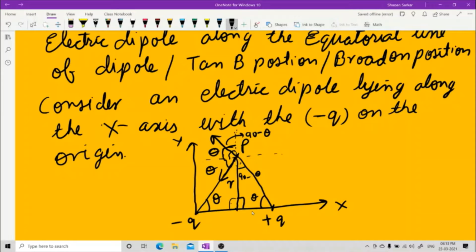This is the electric field due to plus q charge. This is the electric field due to negative q charge. Now we will write everything.